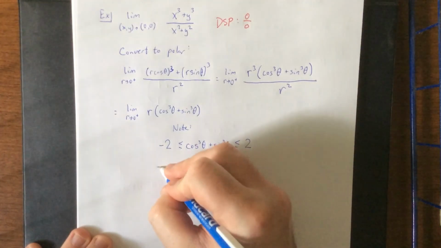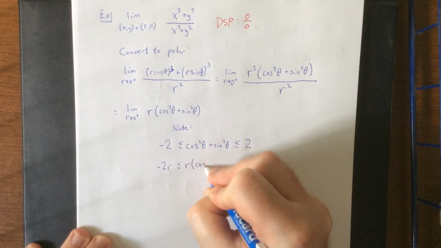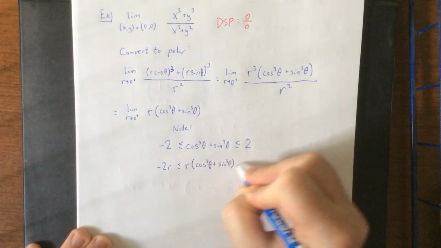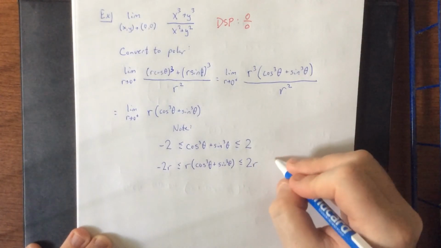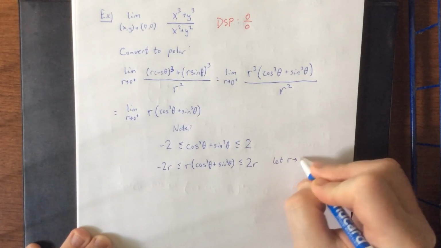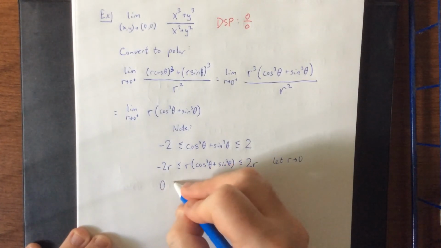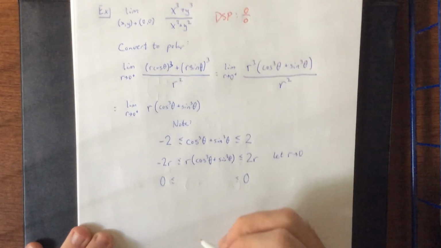This also lets me know that -2r is going to be less than or equal to r times the cosine cubed of theta plus the sine cubed of theta, which will be less than or equal to 2r. Then, if we let r go to 0, we can make use of the squeeze theorem as 0 will happen on the left and 0 will happen on the right.